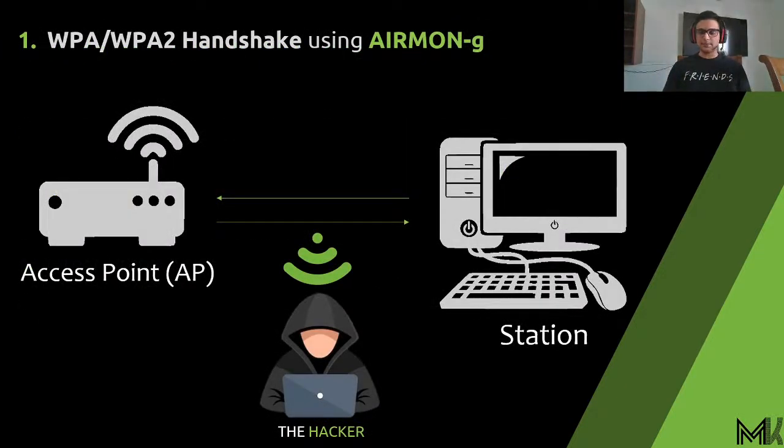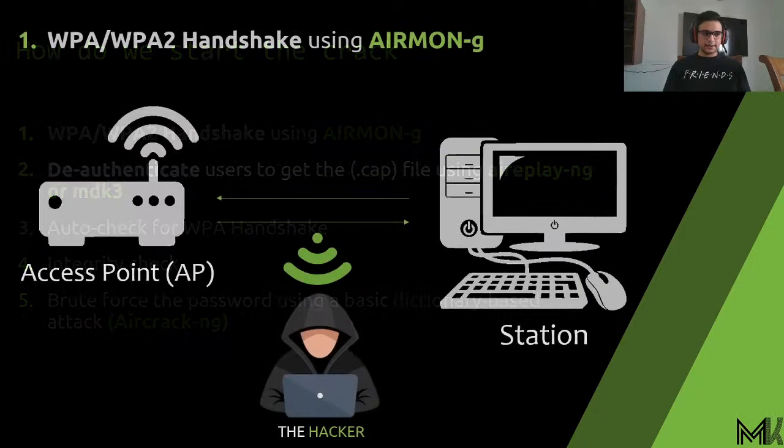Capturing a handshake only happens when a station is connected to an access point, or when the station is trying to connect to an access point. Now when the hacker is in between, the hacker does not know if a person is going to try and connect to the router. It could take days, or maybe there's no one in the network and no one's trying to connect to that network. So there is a process of deauthentication.